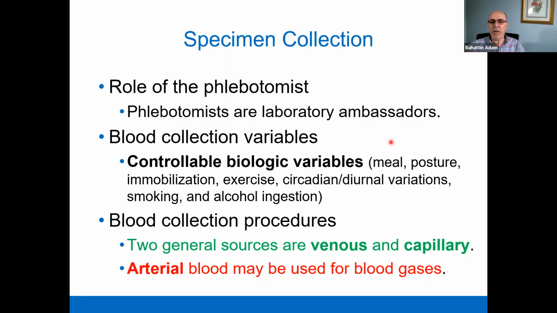Now, blood collection variables are also important. There are controllable and uncontrollable biological variables. Let's say meal, posture, immobilization, exercise, circadian or diurnal variation, smoking, or alcohol ingestion may affect the test results.